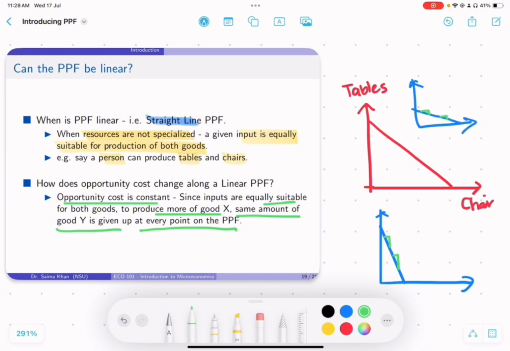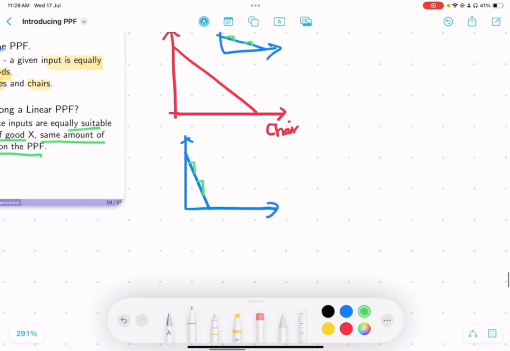So let me recap it for you. We are saying the PPF's shape depends on whether the inputs are specialized or not.